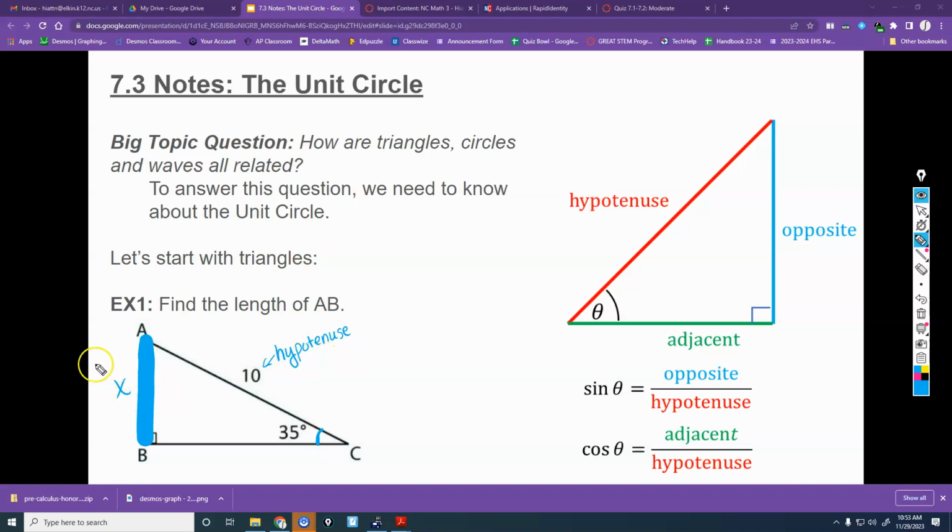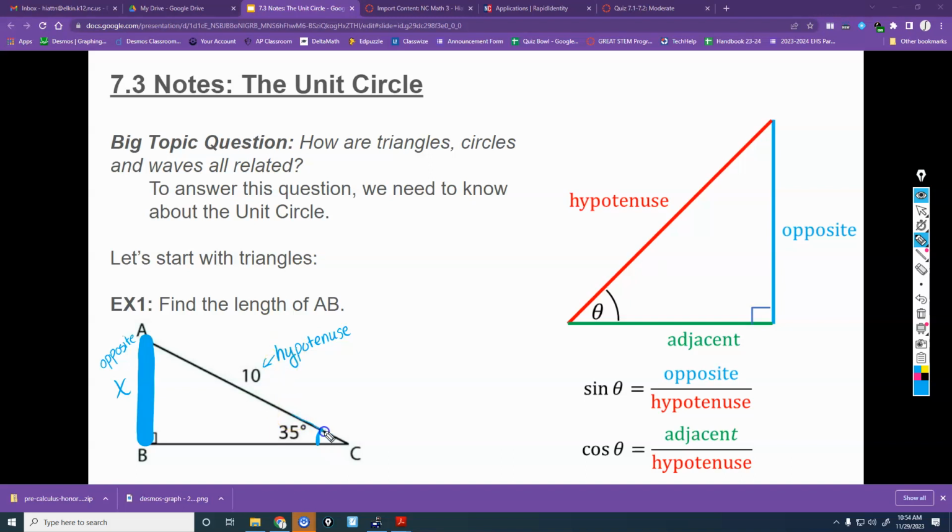And then I need to know what this side is, because that's the side I'm trying to find. Would it be the opposite side or the adjacent side? Opposite. It is across from the angle that we know. The hypotenuse and the adjacent actually touch that angle.